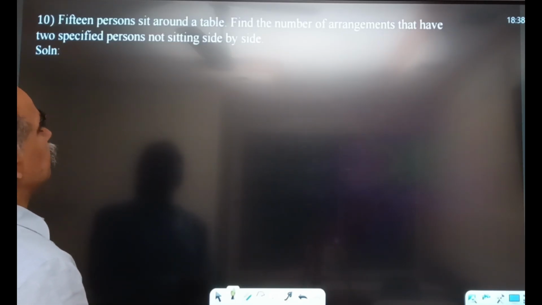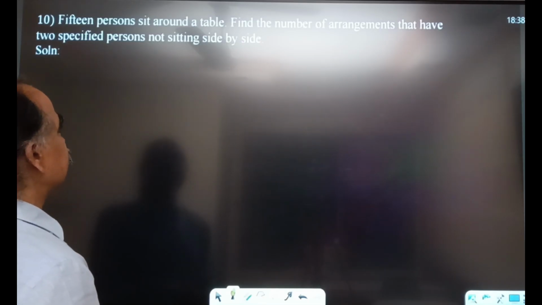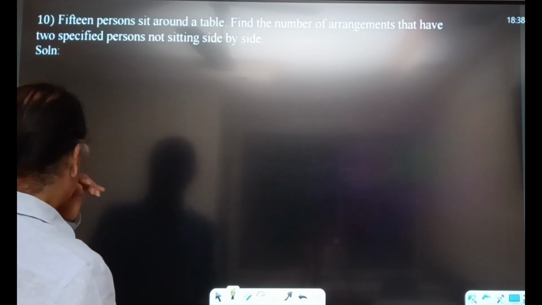15 persons sit around a table. Find the number of arrangements that have two specified persons not sitting side by side.